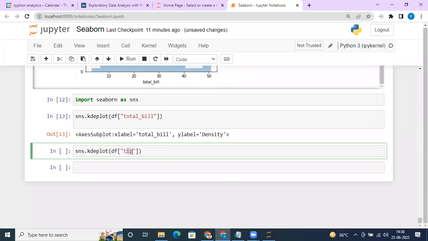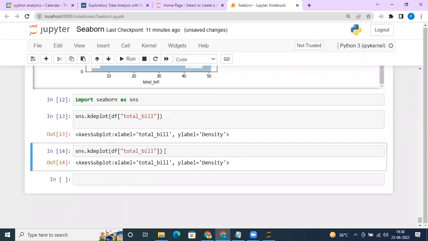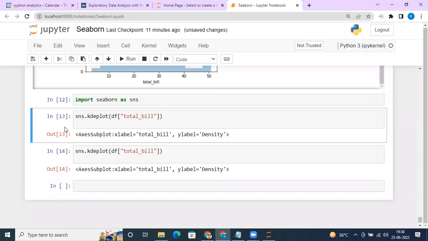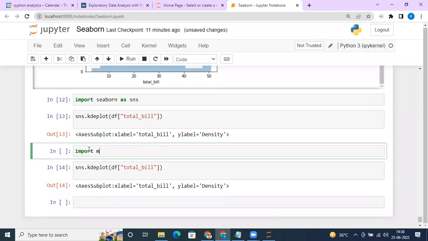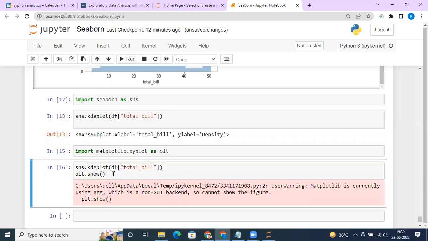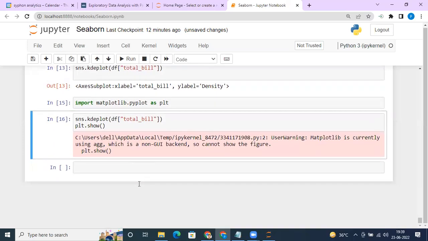Let me just change total_bill. Let me do one thing, plt dot. If it's not taking this way, matplotlib.pyplot.